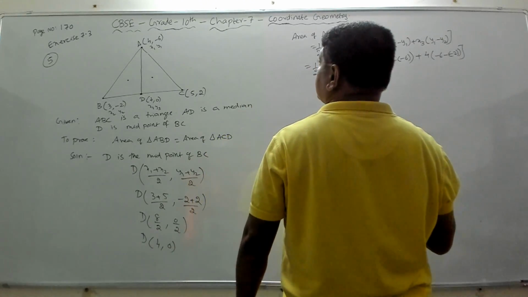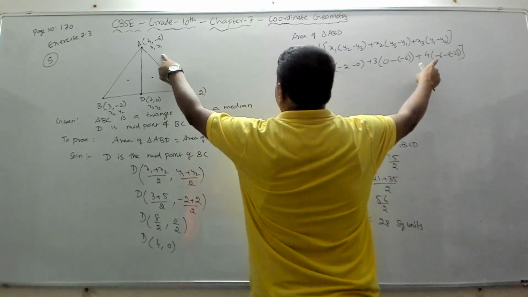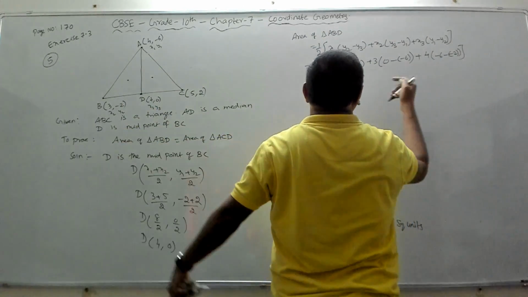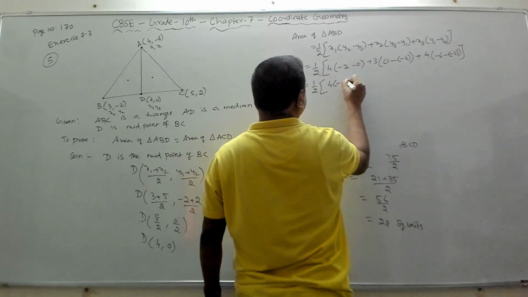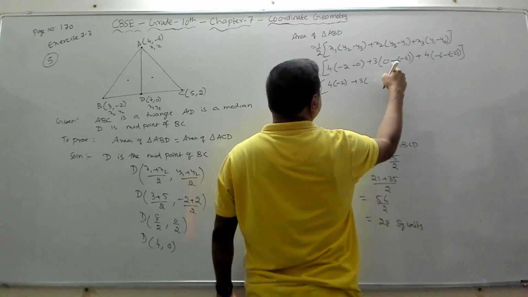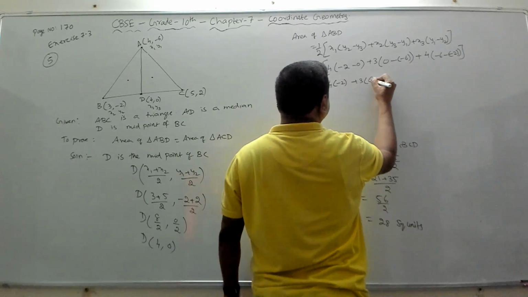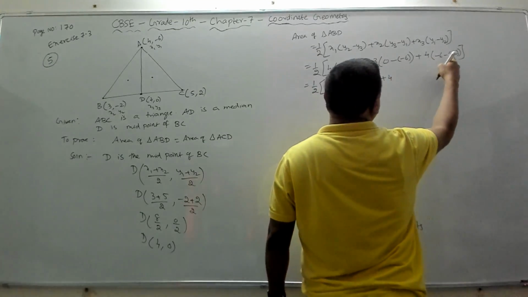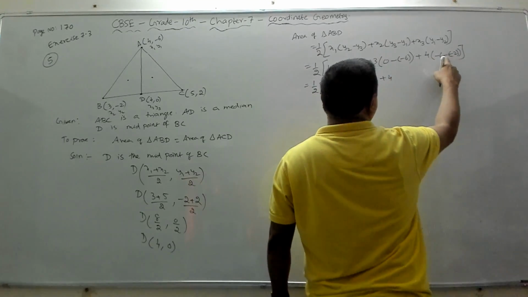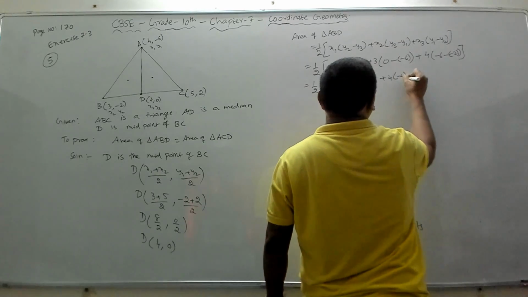Y1 is minus 6. That becomes 1 by 2 of 4 into minus 2 plus 3 into 0 plus 6, plus 4 into minus 6 plus 2, which is minus 4.